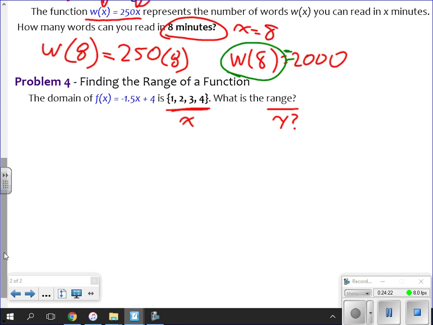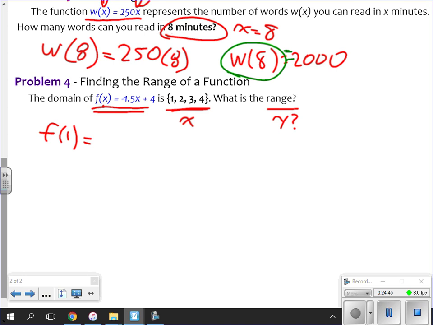Here's what you do. You take these one at a time and put them into here. This is where function notation works really well. I want to do it for 1. So what I do is I say, okay, what's f of 1? Well, I took the x here and replaced it with 1.